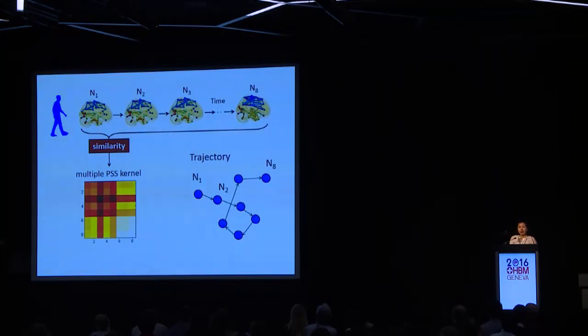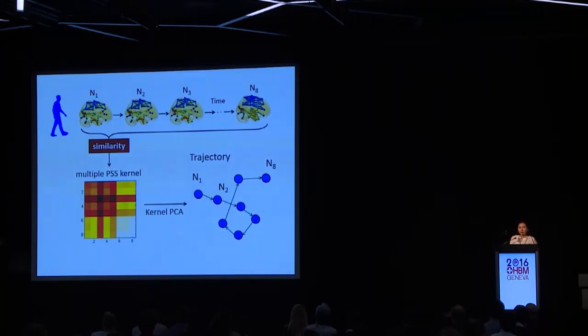If we can embed the networks into a low-dimensional space, it is easier to find the difference between dynamic networks. So we apply kernel PCA, kernel principal component analysis. Kernel principal component analysis can embed the networks into a low-dimensional space.